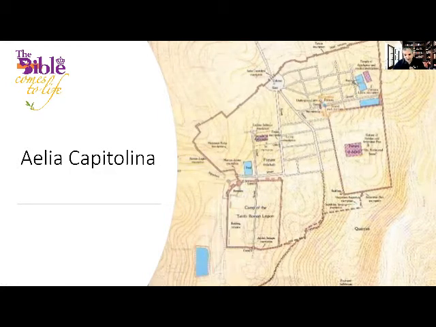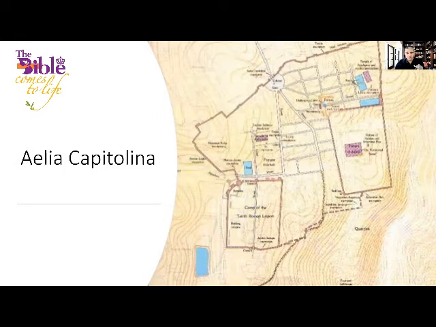What happened was that Hadrian decided to completely erase the name Judea or Jews from the face of history, and he renamed the city Aelia Capitolina instead of Jerusalem, and he changed the name of the province from Judea to Palestine.